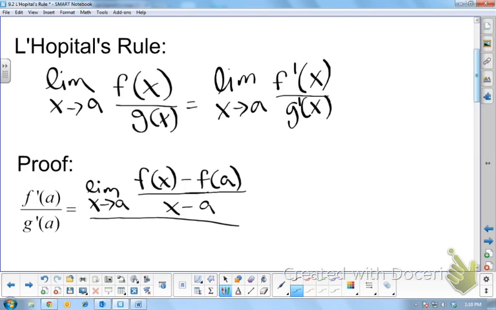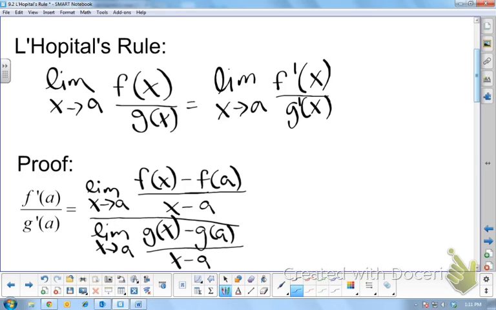So there were different ways, but this was how we actually got the definition of a derivative in the first place. We took the limit of a slope. So what would the bottom be? The same thing, but with g of x and g of a. So this is all just a giant fraction.